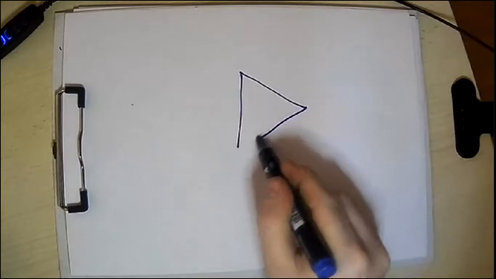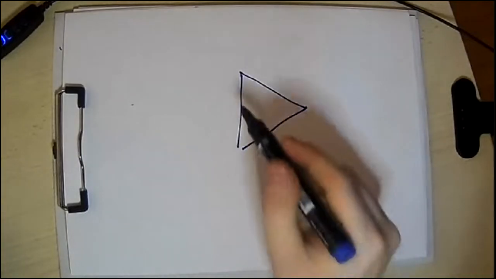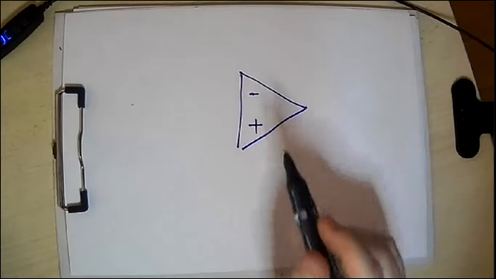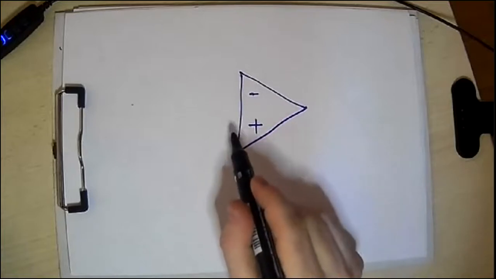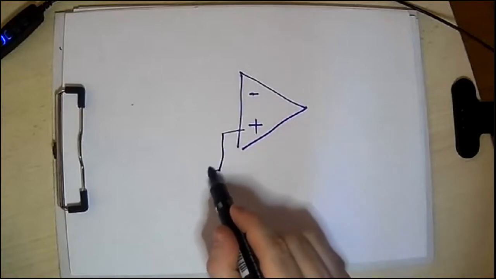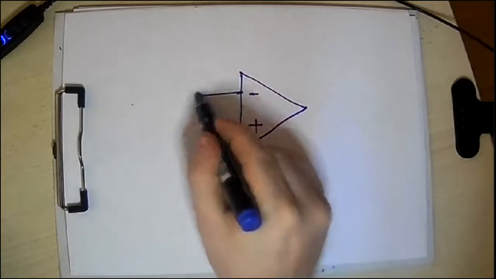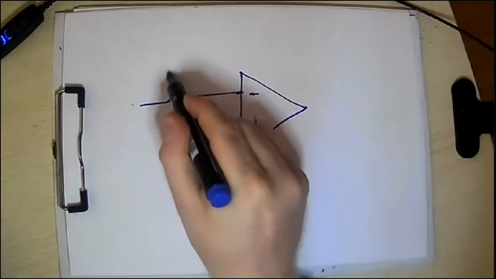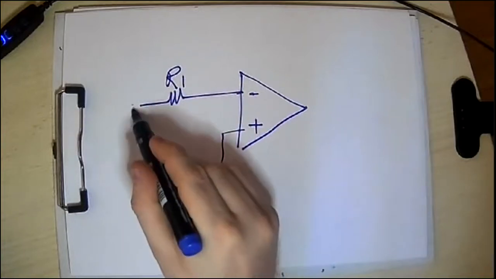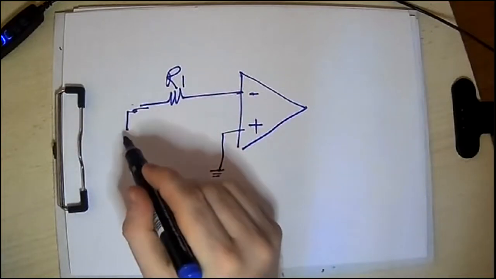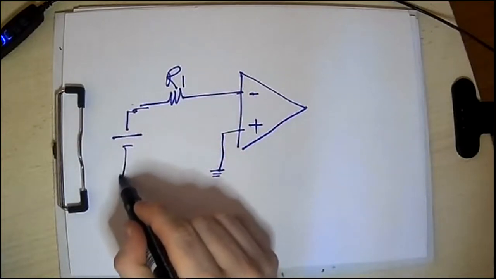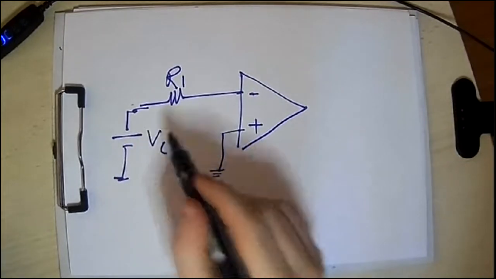Okay, so now back to our whiteboard and let's start plotting the circuit. We have our operational amplifier. The positive terminal is connected to the ground. The negative terminal is connected to a resistance called R1, and then we have our input voltage, which is Vin.